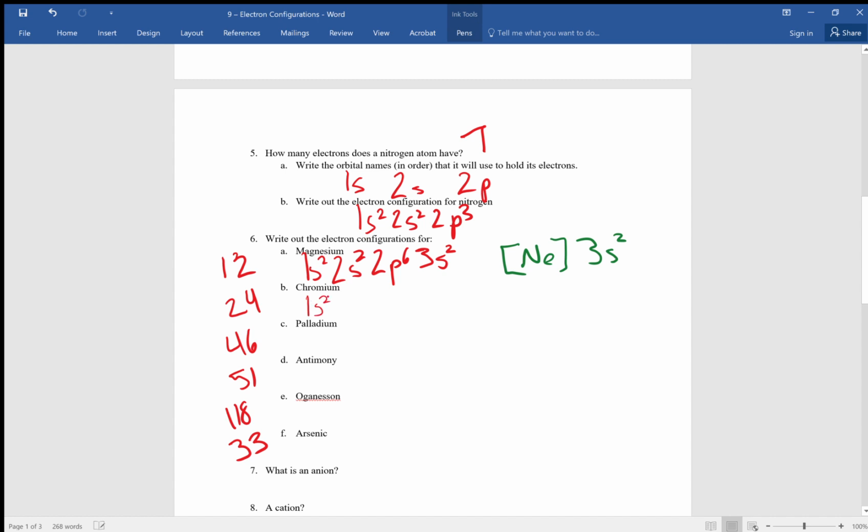Chromium, again, we just start lowest energy and work our way up. Remembering though that when we get to d orbitals, which we will here, that 4s comes before 3d. Again, we can also do this as the shorthand.